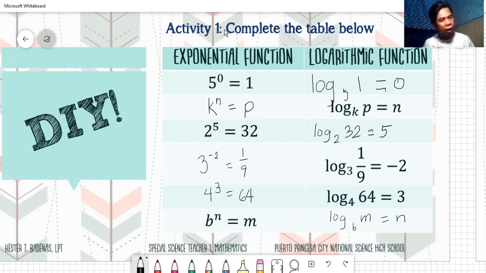Try to check that 3 raised to negative 2 is equal to 1 over 9, or is 3 raised to 1/9 going to give you an answer of negative 2. So if it's wrong, definitely the form that you have written is wrong. Otherwise, if it's correct, therefore your form is correct. Okay.